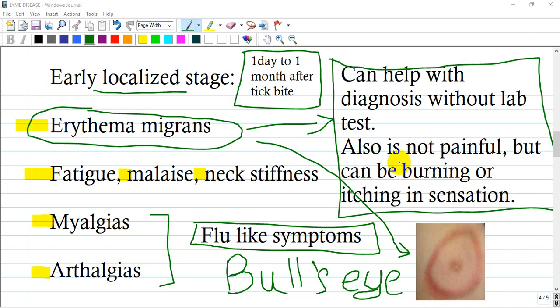Importantly, it is not painful. It can be itching or burning in sensation, but not painful.